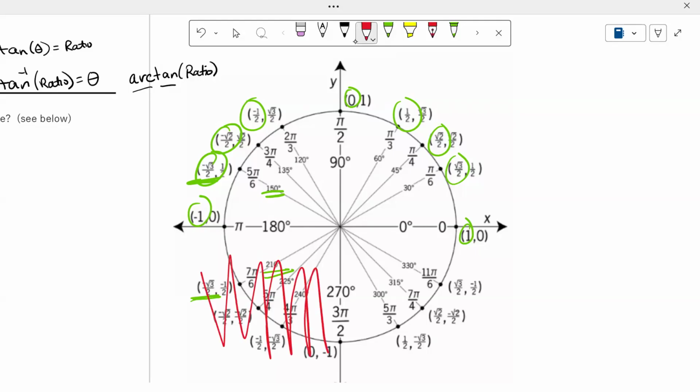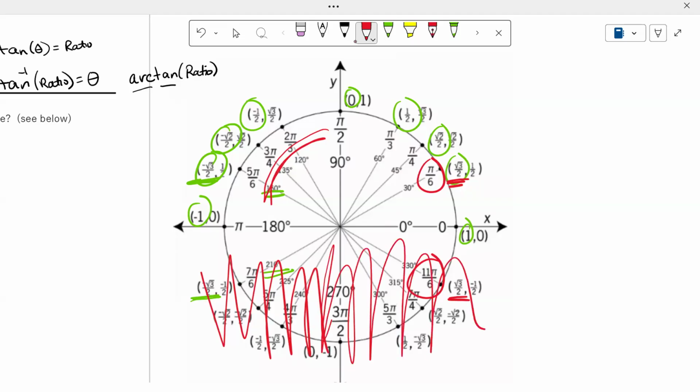If you have a negative ratio, you're going to map back to an angle here in quadrant 2. If you have a positive ratio, a positive root 3 over 2, again, you can't have it map back to two different angles. That's not 1-to-1. It has to only map back to 1. So we're just going to get rid of those.